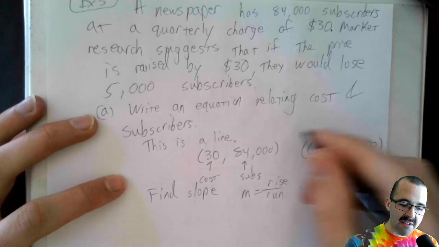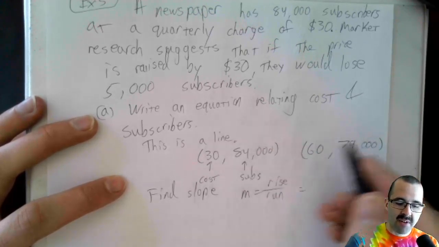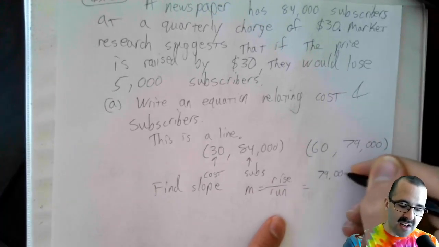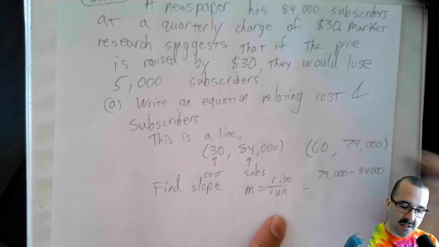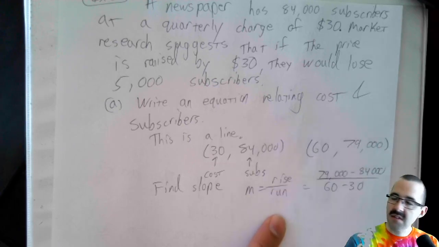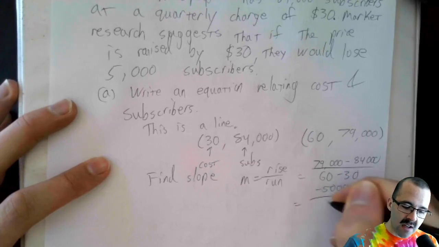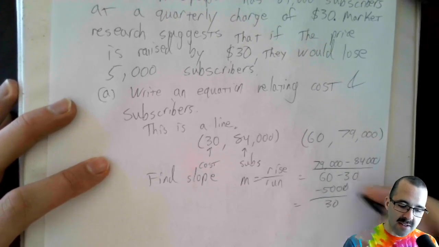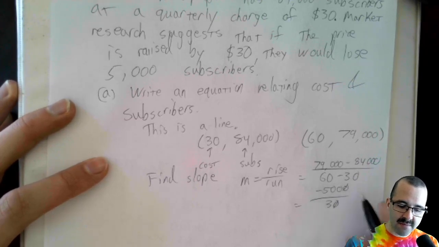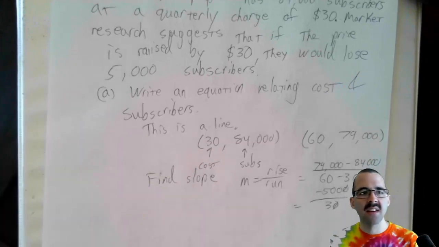This goes down 5,000, so we'd have negative 5,000, divided by the change in x, this goes up 30, so plus 30. Or if you want to use a formula, it's 79,000 minus 84,000 divided by 60 minus 30. Usually the right minus the left, which becomes negative 5,000 divided by 30. One of the zeros is going to cancel. Negative 500 over 3. What is that? About negative 166.7, I think.